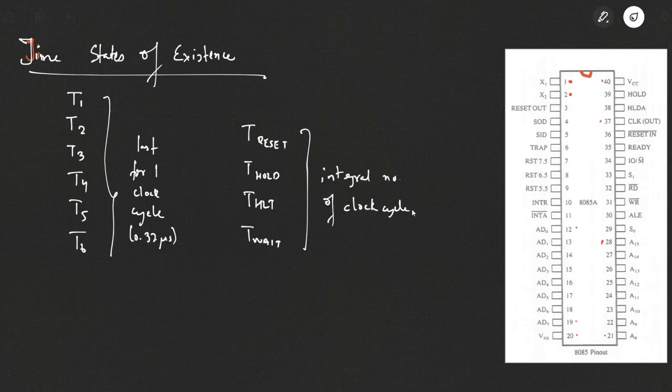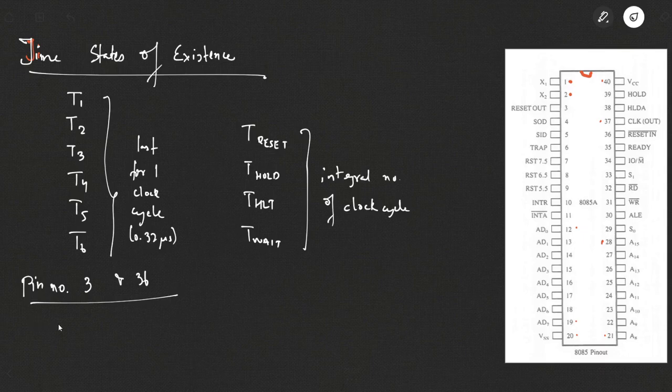Now, as we understand some terms here: reset, hold, halt, and wait. Simply linguistically speaking, we can understand what the microprocessor might be doing in these states. Depending on this, we have pin number 3 and 36. Pin number 3 is the reset out, and pin number 36 is the reset in, with the bar on the top.